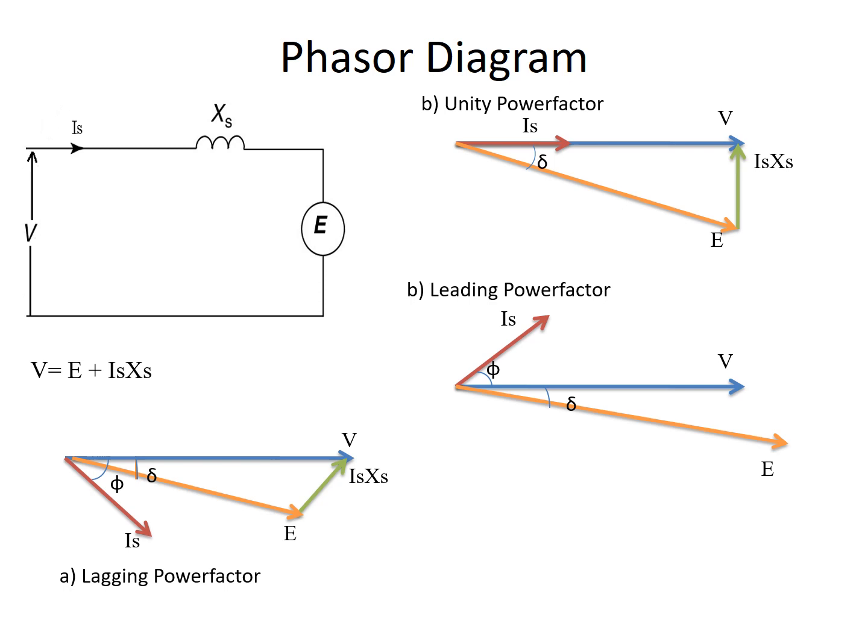Again we can draw IsXs, which will be perpendicular to Is, and if you add it with E, you will get a vector like this, which is equal to V. Hence we can draw the three phasor diagrams for lagging power factor, unity power factor, and leading power factor.